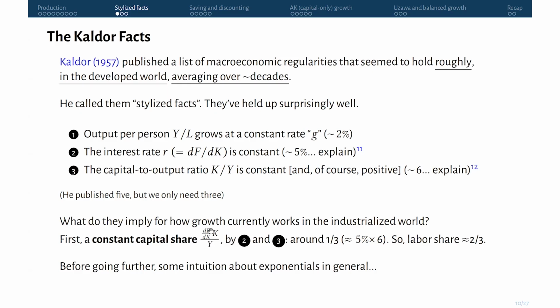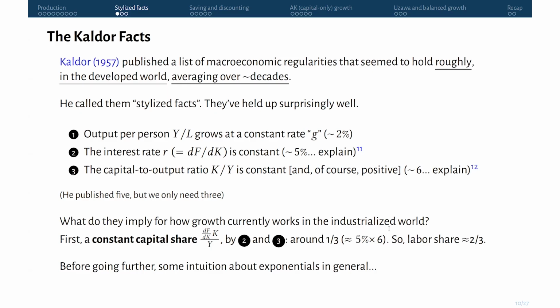And just cutting up this expression slightly differently, you've got the marginal product of capital, which is going to be constant, times the capital to output ratio, also constant, by facts 2 and 3 respectively. And if the first thing, the interest rate, is around 5% and the second is around 6, then you would expect, on looking it up, to find the capital share constant at around 30%.